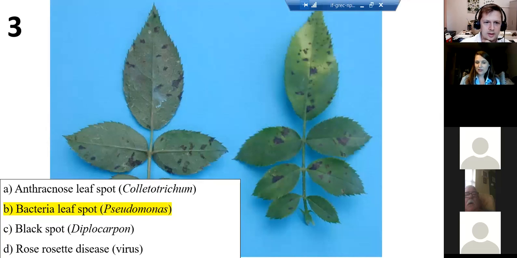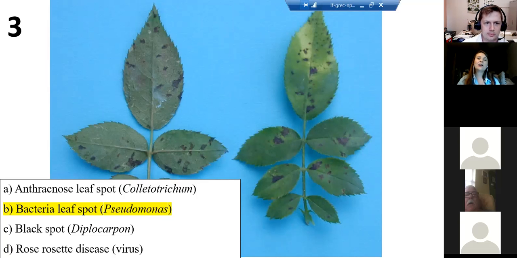So how did they do on that one, John? We tricked them. Yeah. Because one of them had Rose Rosette, that one was in the title. So, yeah, we got 45% for Rose Rosette. Okay. And then bacterial leaf spot was the next one, though. So okay, they did good.